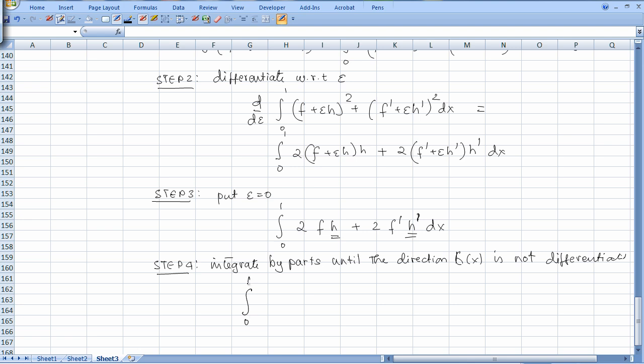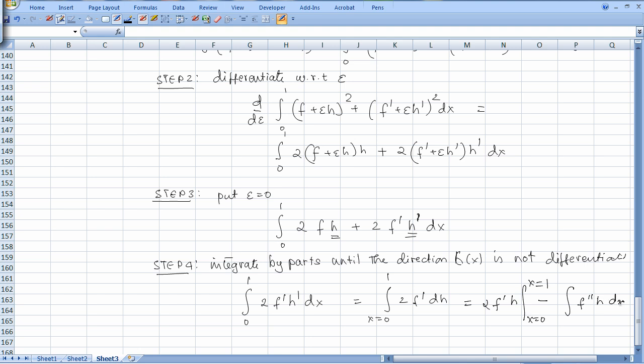Integral 0 to 1 of 2 f prime h prime dx equals integral x equal to 0 to 1 of 2 f prime dh prime. You can do whichever way you like. I'm just doing it as u dv is uv minus v du. So that is equal to f prime h between the limits x equal to 0 and x equal to 1, times 2, minus integral f double prime h dx.